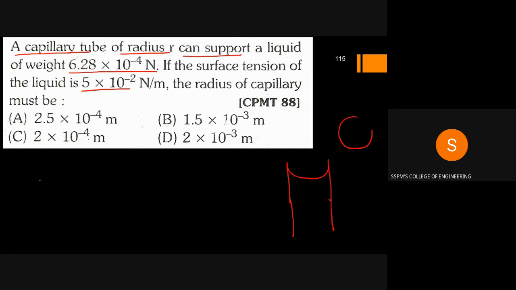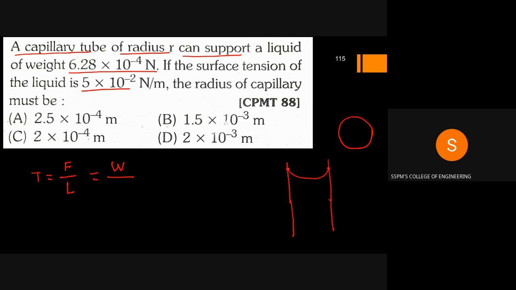We have the equation for surface tension: force upon length. Here force is nothing but the weight of the liquid, and length is the total circumference. This is the point in contact with the wall of the tube.